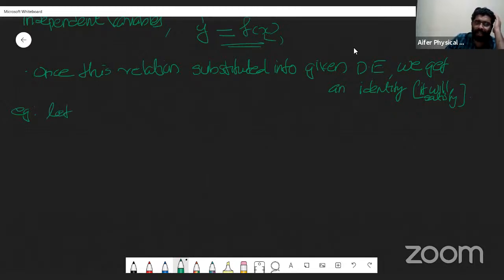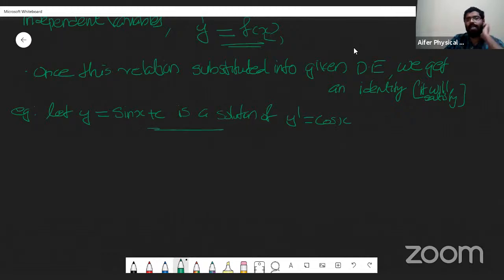Let's say y equal to sine x plus c is a solution of the differential equation y prime equal to cos x. If this is the solution, once you substitute it in this differential equation, it should satisfy. So we need y prime equal to cos x.